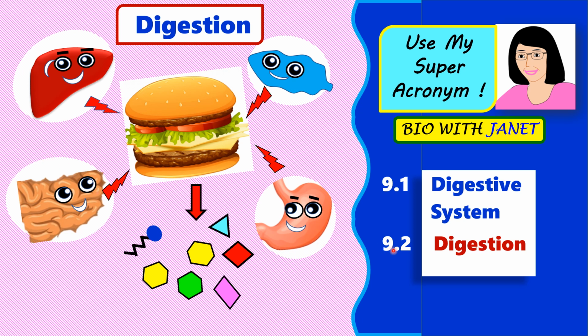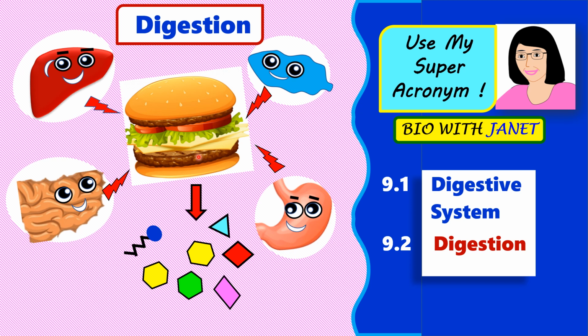In this video, we're going to discuss Form 4 Chapter 9 Biology KSSM syllabus, subtopic 9.1 Digestive System and 9.2 Digestion. Now, food is something that's important to us, and from the moment we eat a burger or a plate of char kway teow or roti canai, our fantastic digestive systems kick into action and begin the long process of digestion, secreting enzymes and squeezing the food along the way to help extract simple nutrients for our bodies to absorb and use.